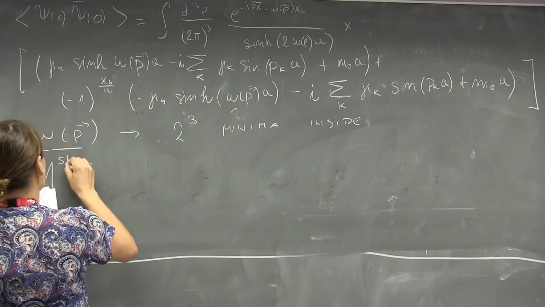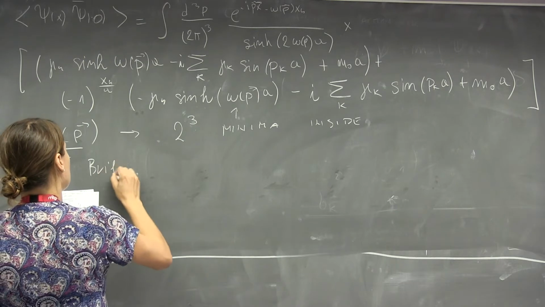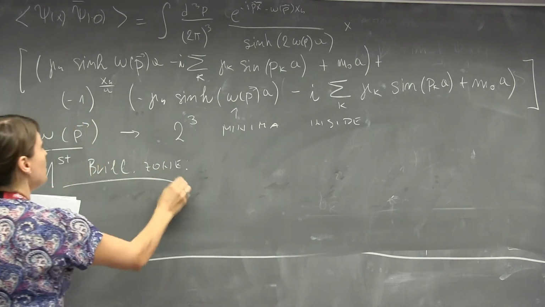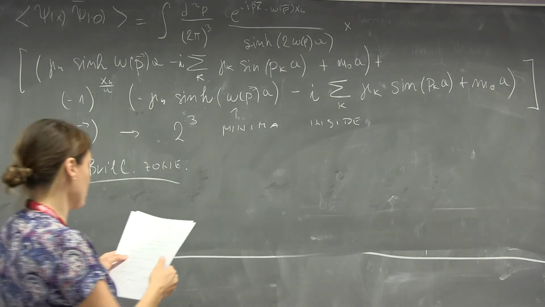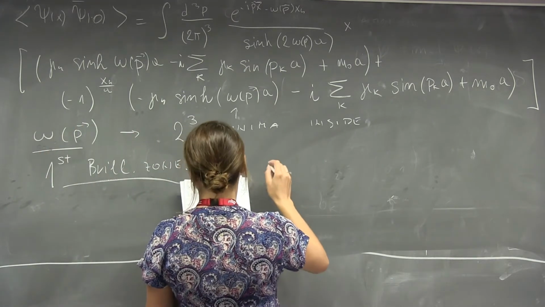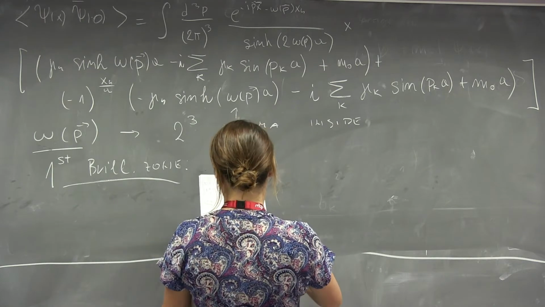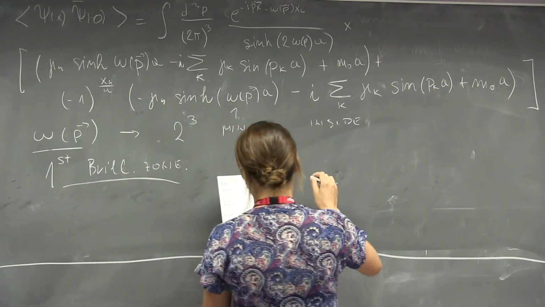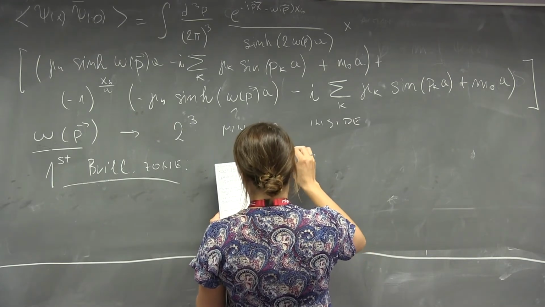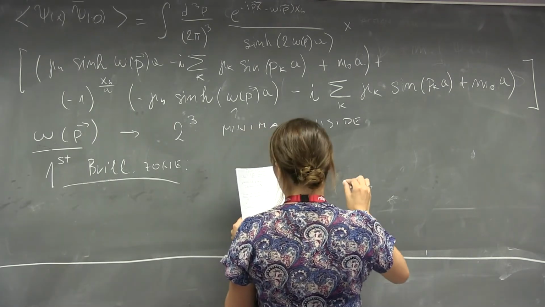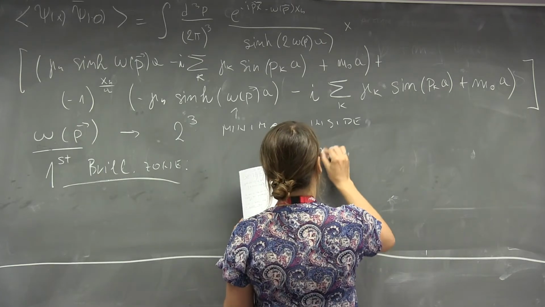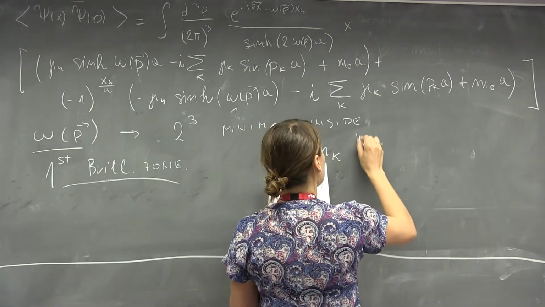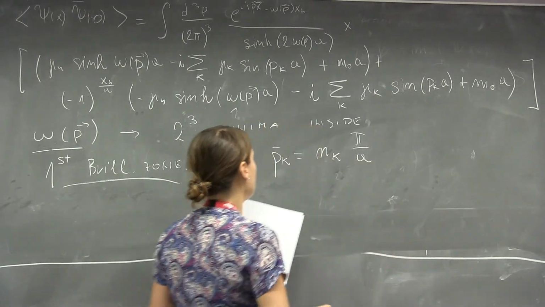But even in the first Brillouin zone, when we've discretized our fermion action in this way, we have the choice of some rescaled momenta pk bar to be equal to nk times pi over a.